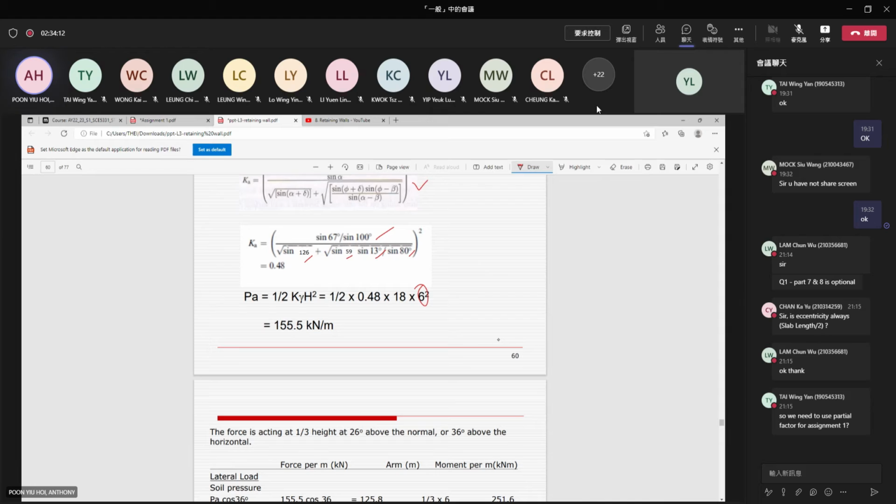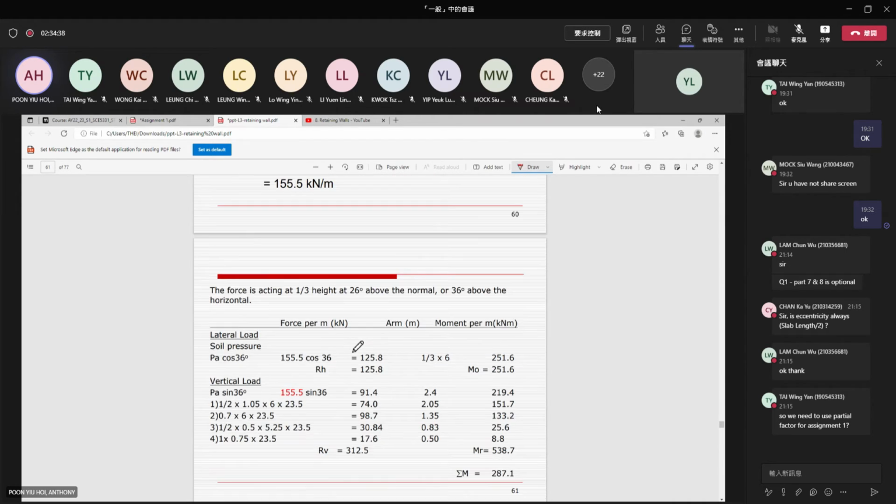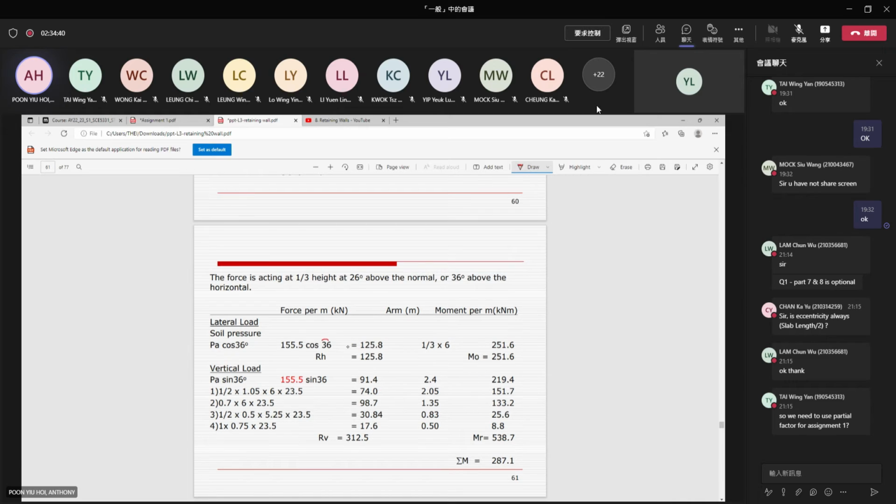K comes out to 0.48 unit weight. So this is the pressure, but don't forget this pressure is acting at this angle. This is 26 and this is 10, so adding together it is 36 degrees to the horizontal. So the force is acting at an angle of 36 degrees to the horizontal.